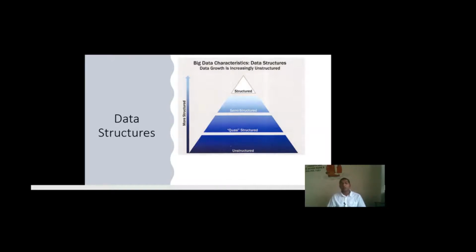Previously we used mostly structured data, meaning data like numbers and tables. But as data is very complex, unstructured data is also being used. Unstructured data is images, audios, videos, logs, and lots of other information which does not have a unique or specific structure. Then we have semi-structured and quasi-structured data as well.